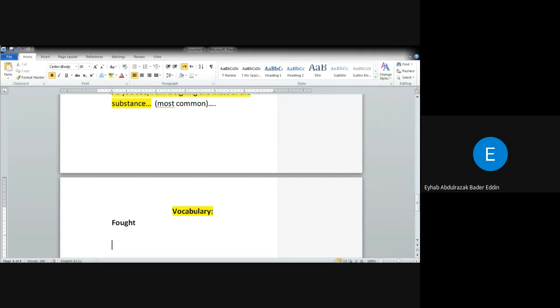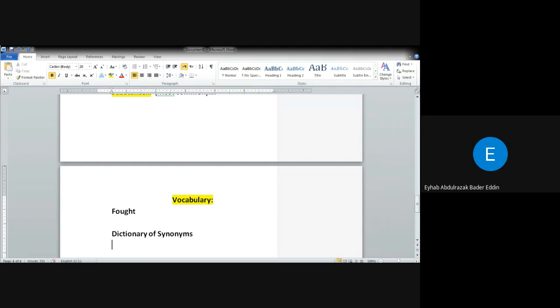Of course, we also have dictionaries of synonyms, and dictionaries of antonyms, words and their opposites. And we have some very nice dictionaries.